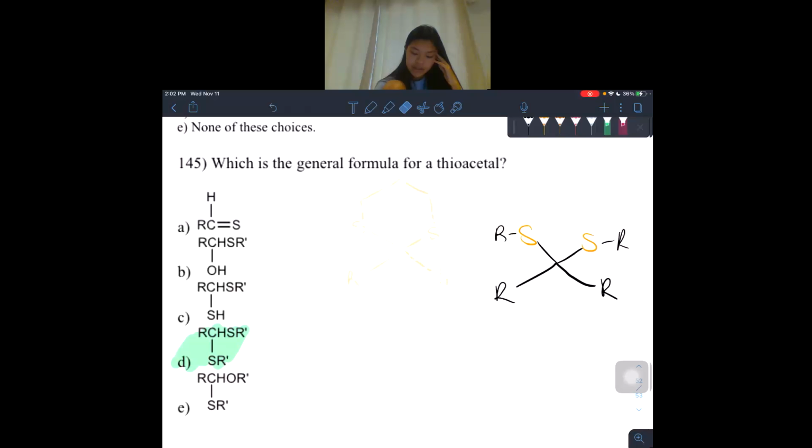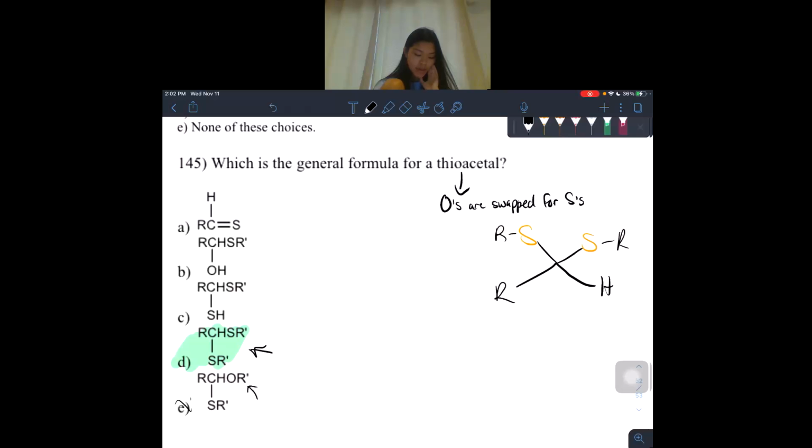And that, my friends, is what a thioacetal looks like. And this is supposed to be a hydrogen. I don't know why I didn't switch it. So basically, the only difference between an acetal and a thioacetal is that the O's are swapped for S's, which is what you see here.